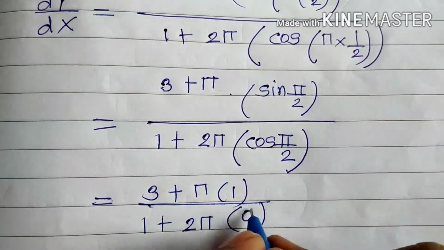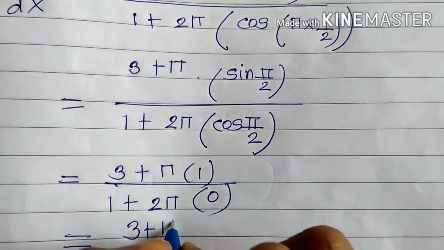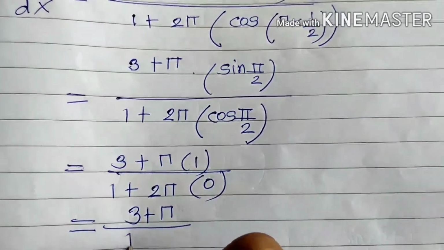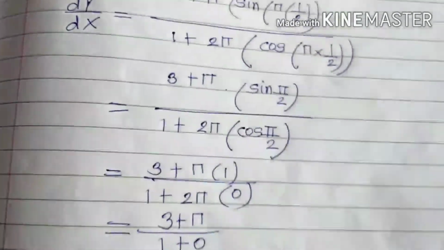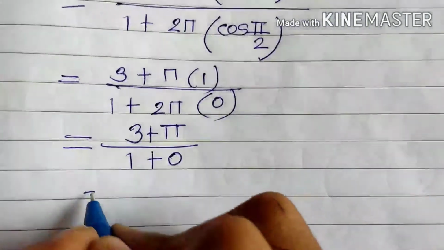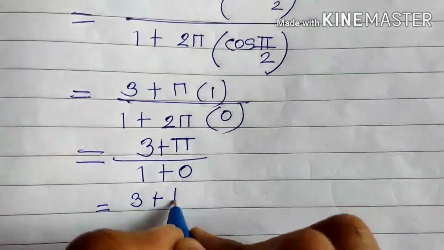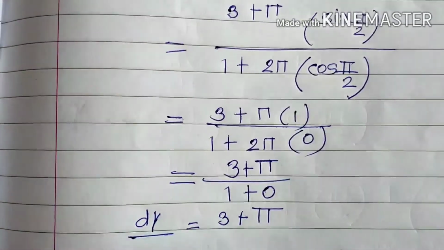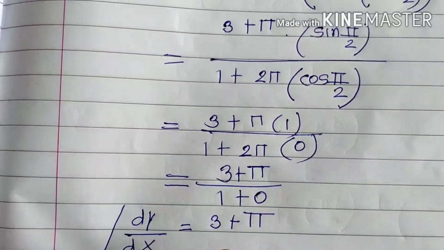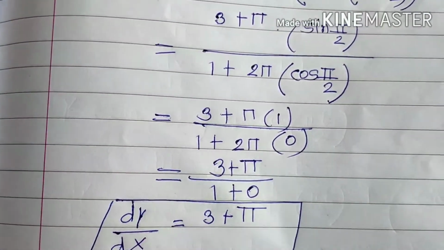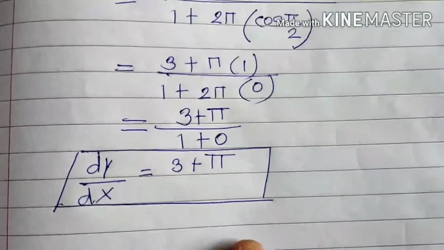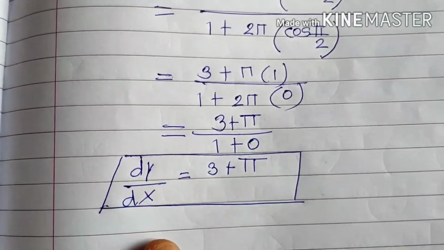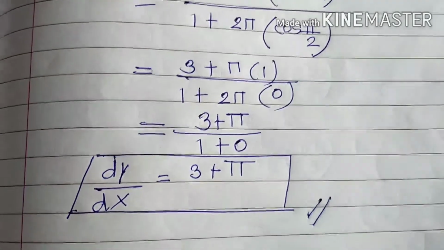So 3 plus pi into 1 is 3 plus pi upon 1 plus 0. So this is the answer. Dy upon dx is 3 plus pi.